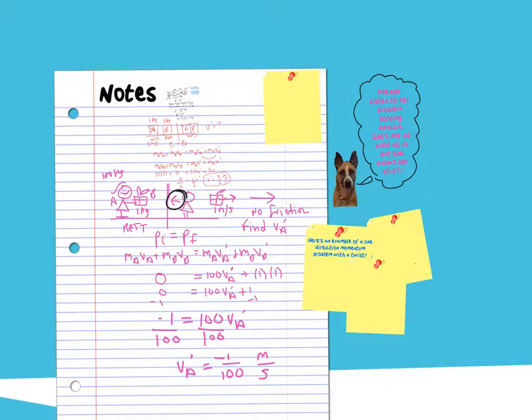Velocity is magnitude and direction. So the velocity is -0.01 meters per second. All right. So these are 3 problems that if you're going to get stumped, it's going to be something like one of these 3. So hopefully next time you see it, it'll be good.